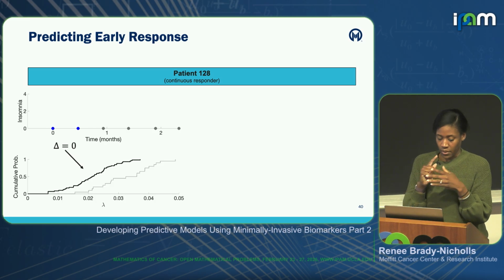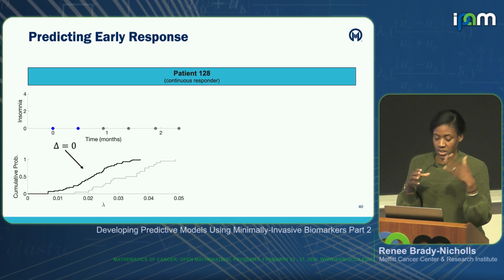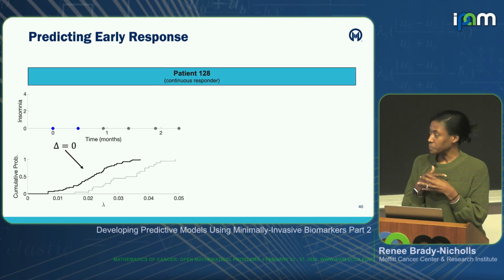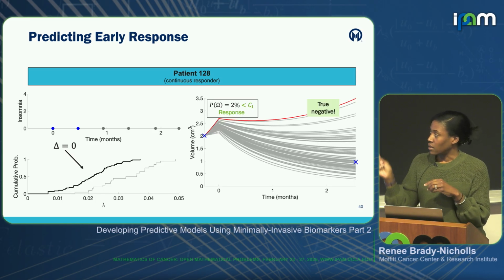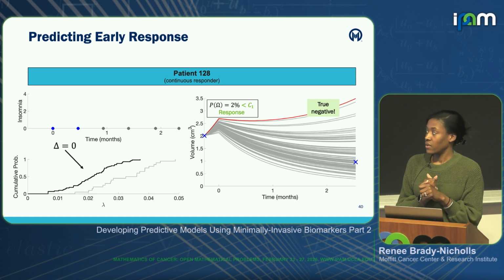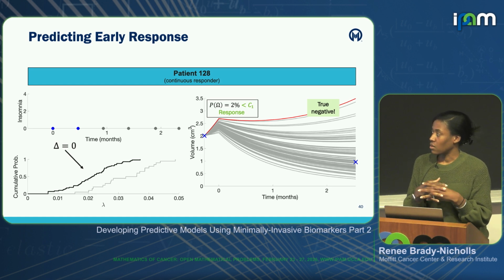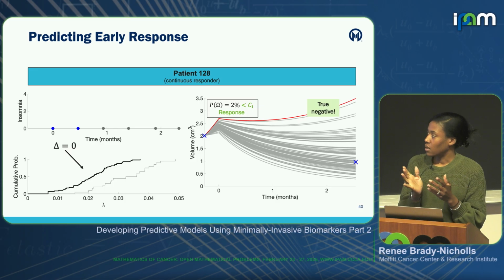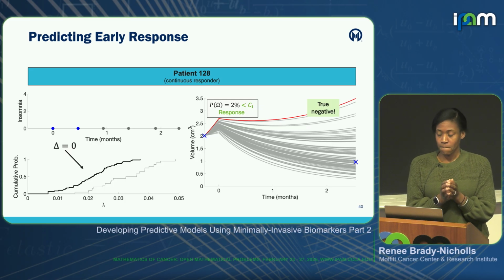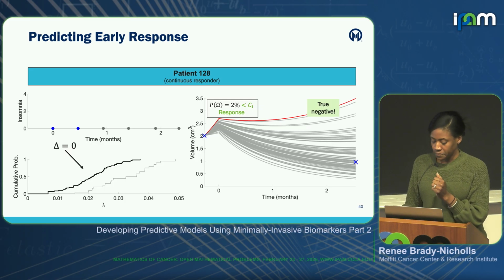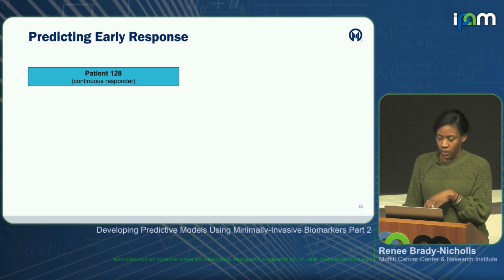So when it comes to our cumulative probability functions, we're going to sample from the black one shown here. So we sample from that and then make our predictions. And here, the probability of resistance is very low. It's 2%. It's less than our cutoff. And because of that, we predict response. And I told you that the patient was a continuous responder, so that would be a true negative.